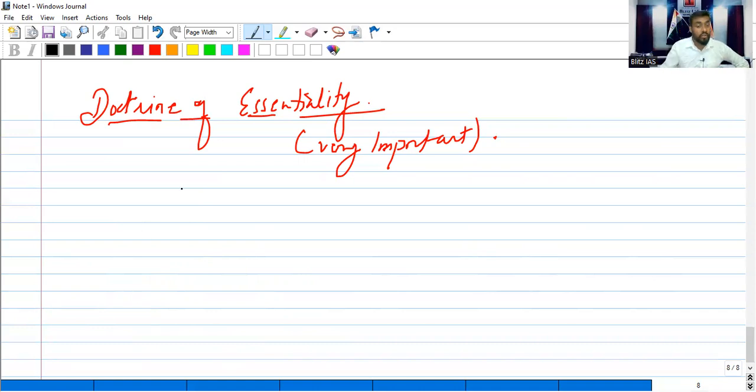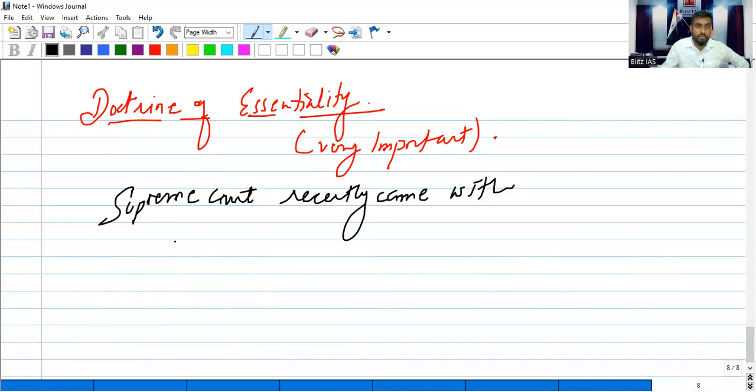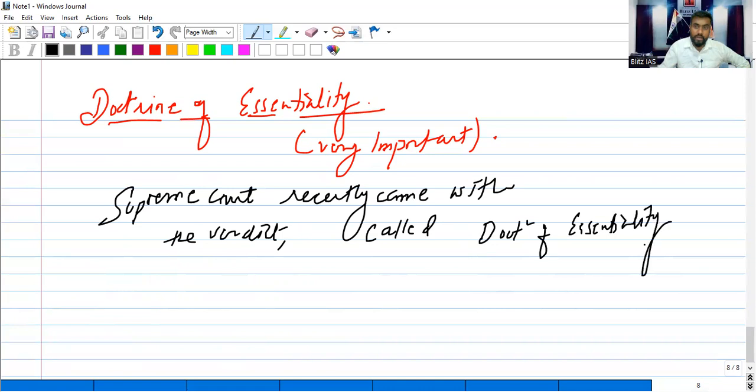The Supreme Court recently came with a verdict called the doctrine of essentiality. Please note down, doctrine of essentiality.